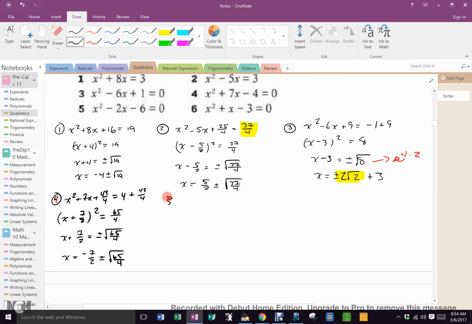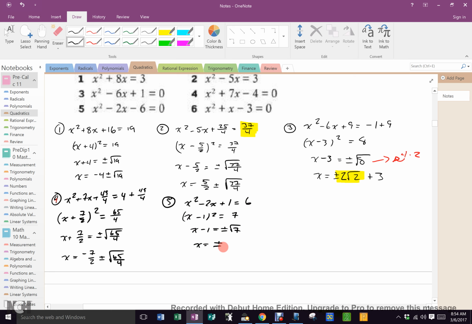Number 5 was x squared minus 2x plus 1 equals 6, which is x minus 1 squared equals 7. X minus 1 equals plus or minus root 7.